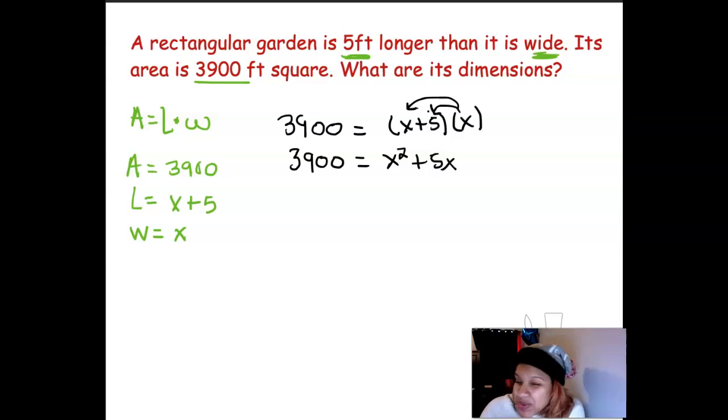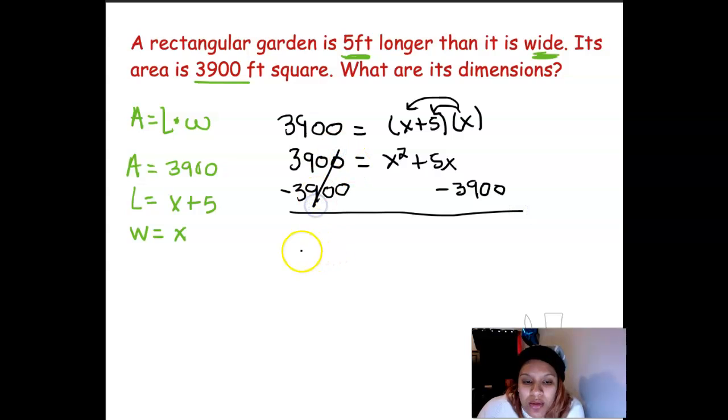Now I'm going to set it equal to 0, so it looks a little bit more like a quadratic. So I have 0 equals x squared plus 5x minus 3,900.